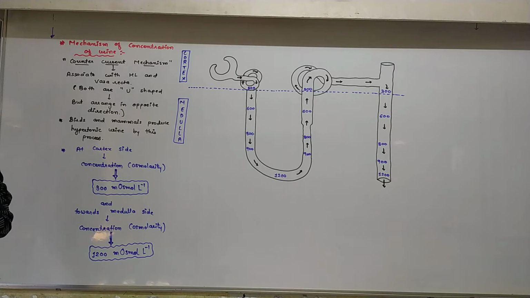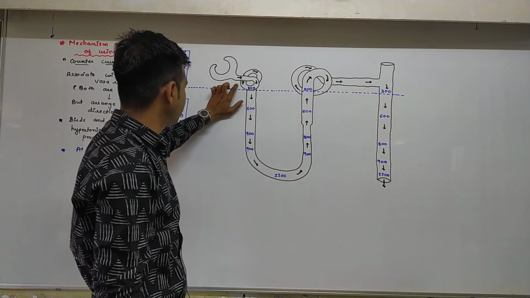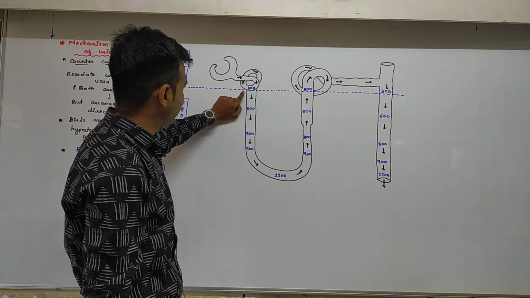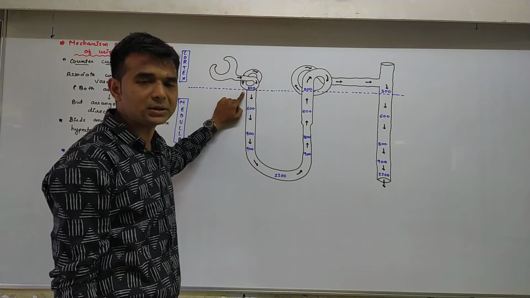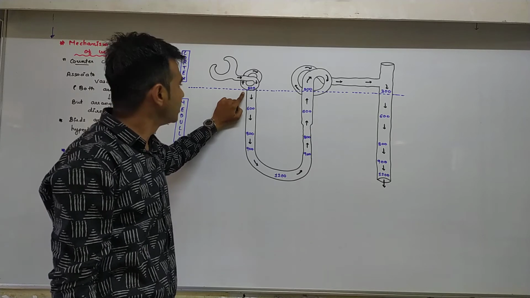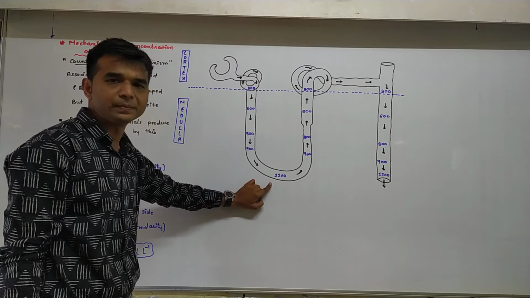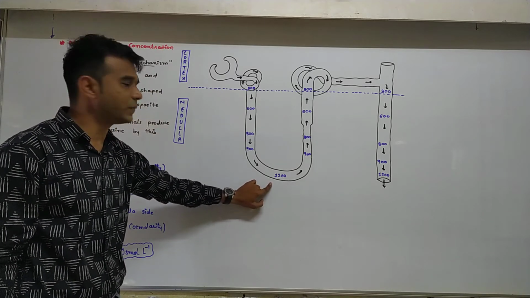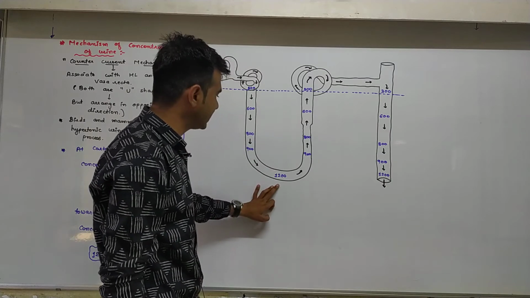In the nephron, initially the filtrate concentration is 300, and this 300 milliosmol per liter filtrate moves towards the medullary region through the descending limb of the loop of Henle, so concentration increases.